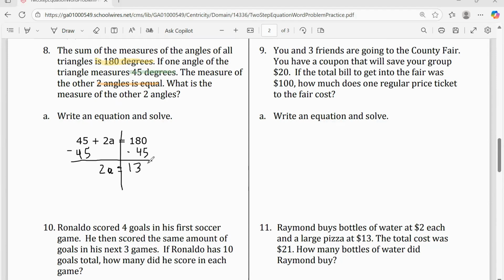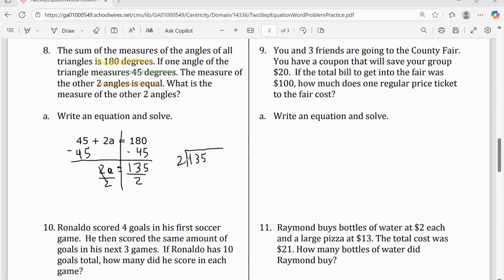Now I want to isolate my variable, so I'm going to divide by 2 on both sides. 135 divided by 2: that's an odd number divided by 2, so we know we're going to have a decimal, which, don't panic. That's okay.